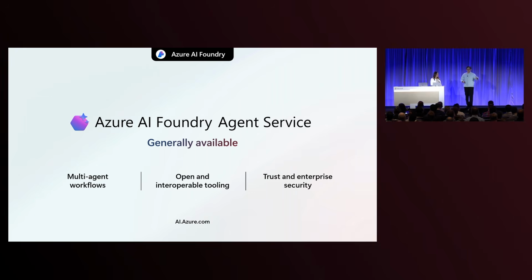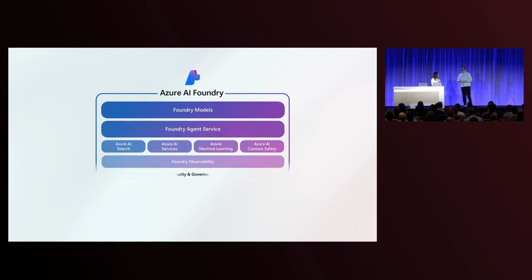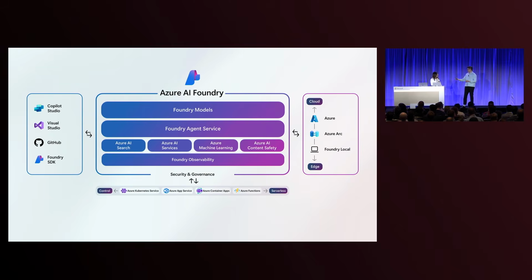And what's great is that because agent service is within Foundry, you can take advantage of the rest of the Azure AI Foundry stack. We talked about agents needing a model first, and that's what Azure AI Foundry offers you: a rich catalog of over 10,000 models across the ecosystem, whether industry-specific models, research models, or language-specific models.